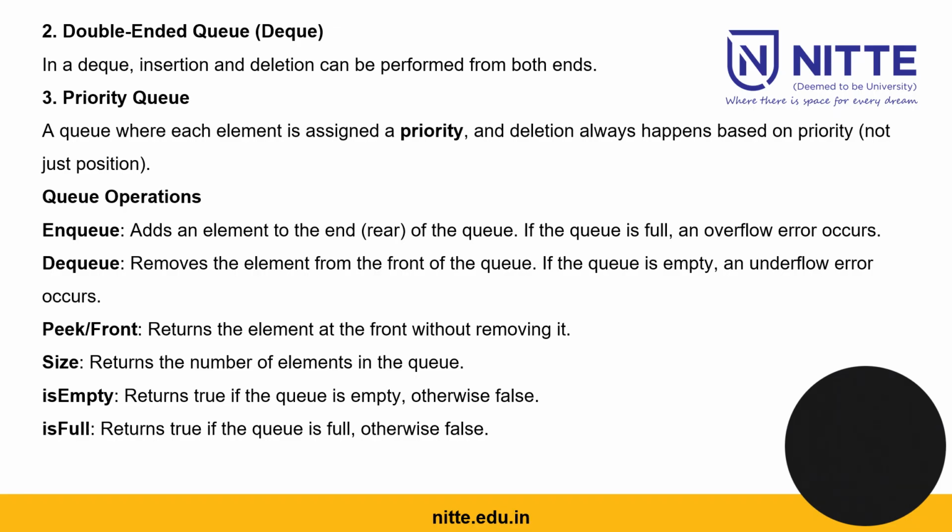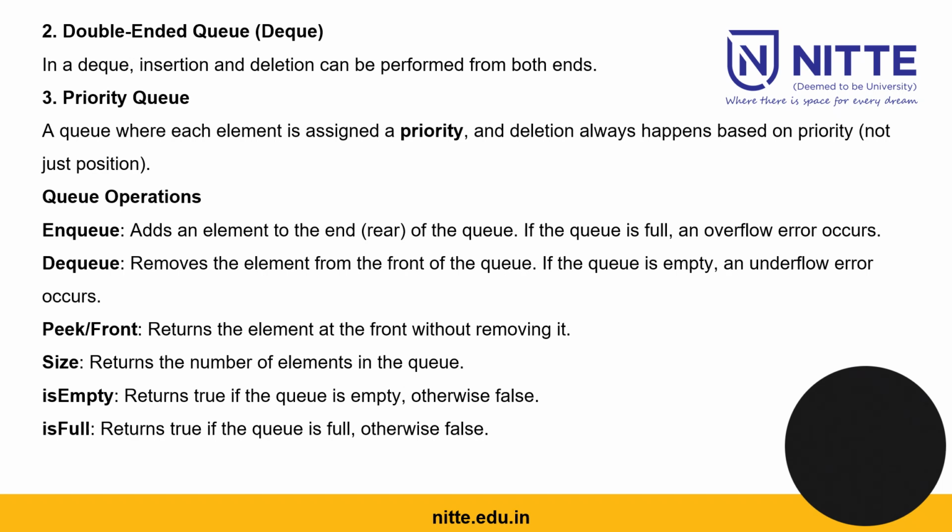The third type of queue is called the priority queue. What is a priority queue? A queue where each element is assigned a priority. That means one element has the highest priority and another element may have the least priority.